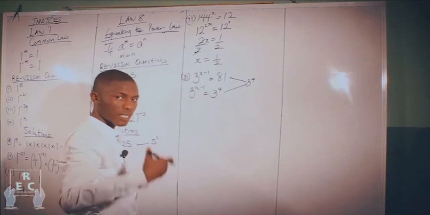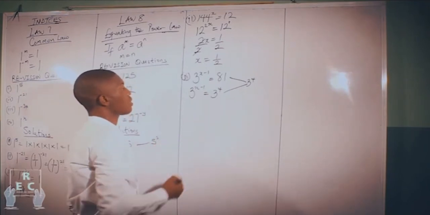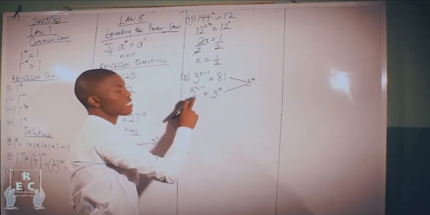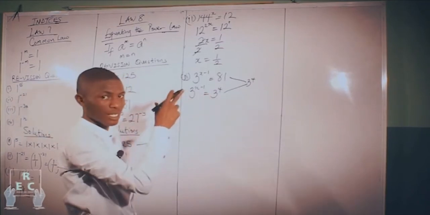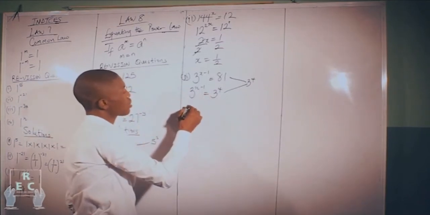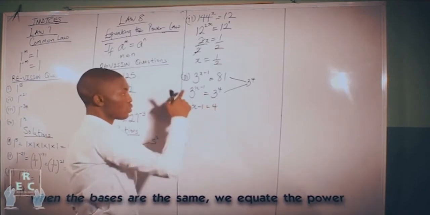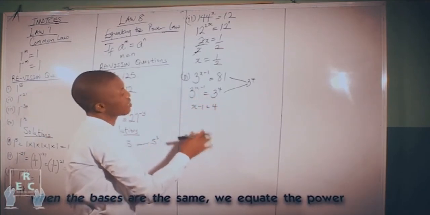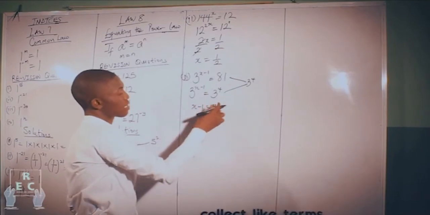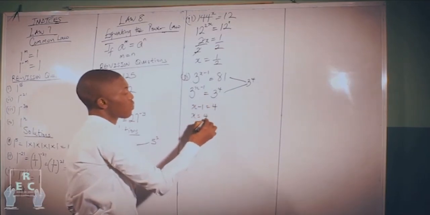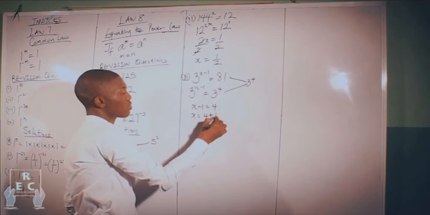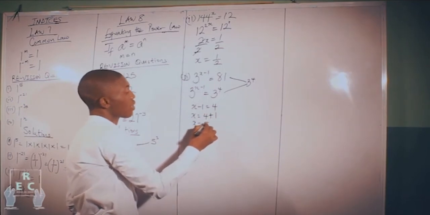Yeah, 3 times 3 times 3 times 3 gives us 81, right? So since the bases are the same, equate the power. So here we can say x minus 1 equals 4. Remember, do not cancel, just leave it like that. Therefore, collect like terms, x equals 4. This comes here to become plus 1, and that's x equals 5.